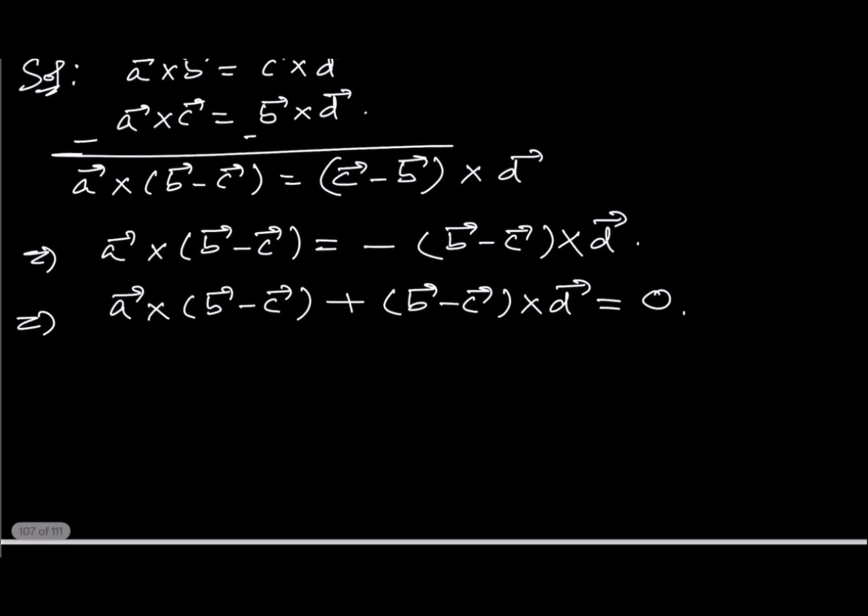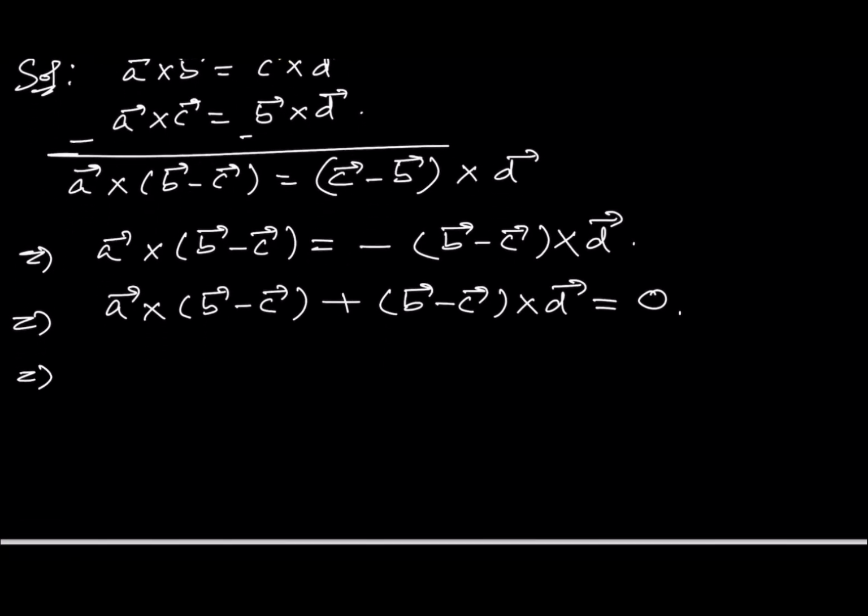In RHS there is 0, and if I see B minus C and B minus C in both terms, but if I want to take B minus C as common, then I have to change the order of second term, because in cross product we cannot take B minus C common in this situation, right?